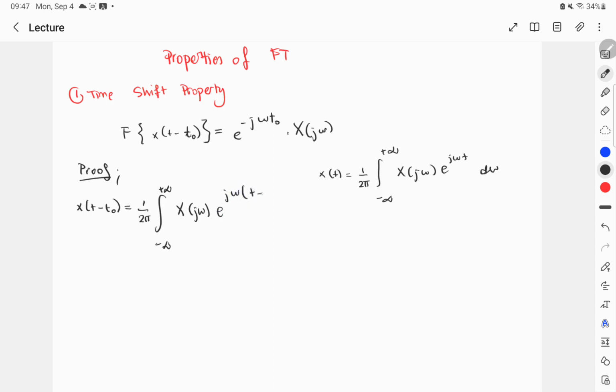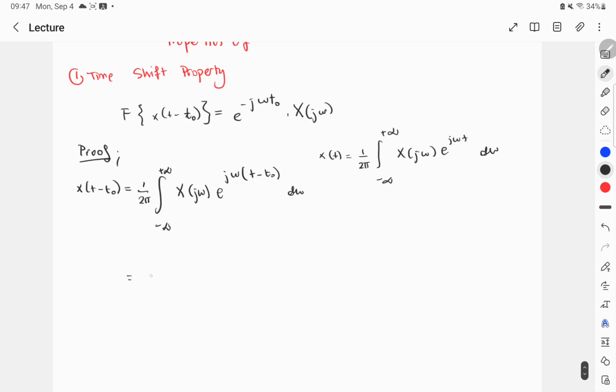Instead of t, we will write t minus t naught, dw. And then if I open up this one, what do we have?